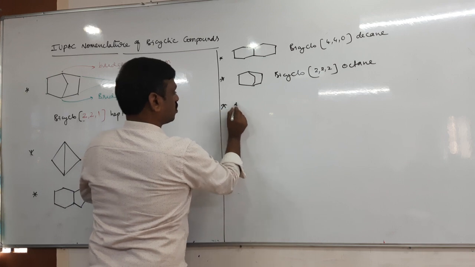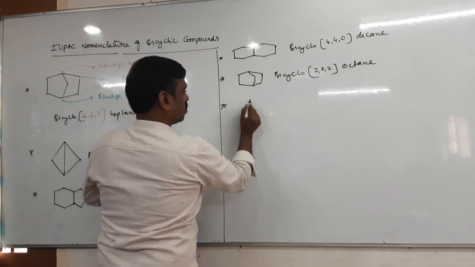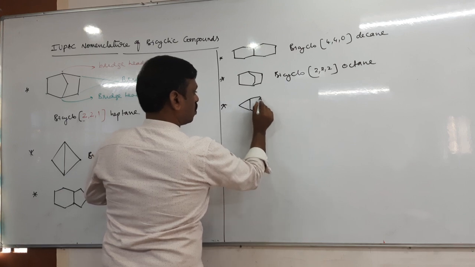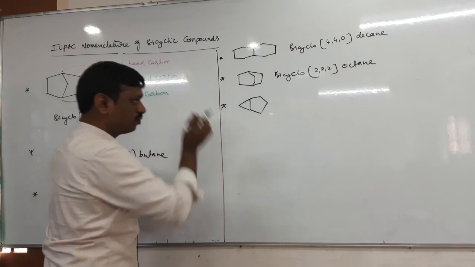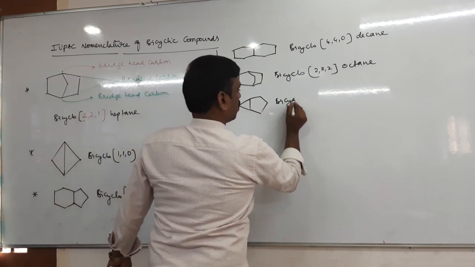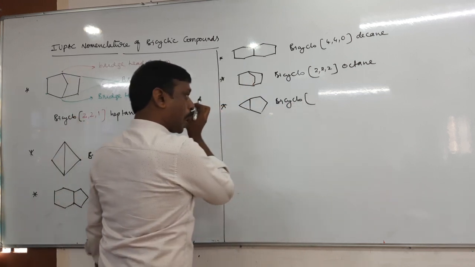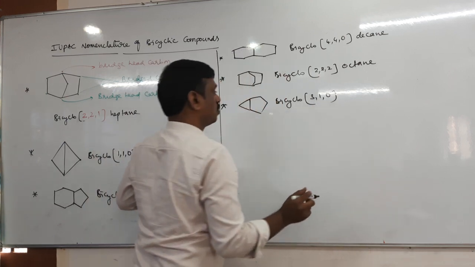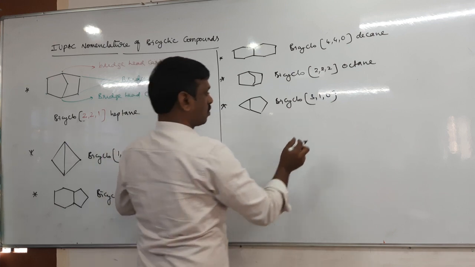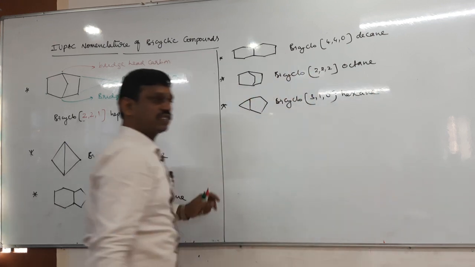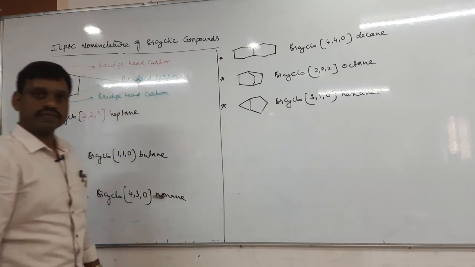Next. Bicyclo 3, 1, 0. Hexane. 6 carbons, hexane.